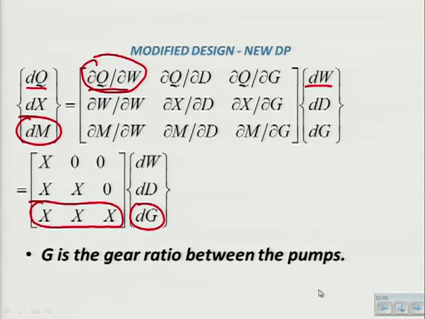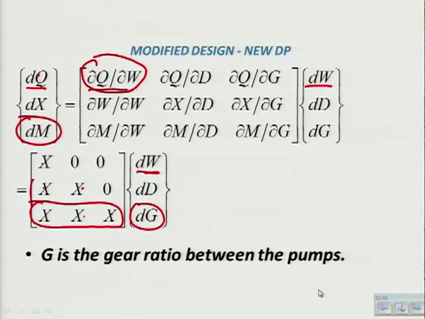So as I'm adjusting the pump speed here for the high pressure pump, I'm going to change the flow rate, the mixing, and the metering. And as I adjust the diameter, I'm going to just change the mixing and the metering. And as I adjust the gear pump, I change only the metering.